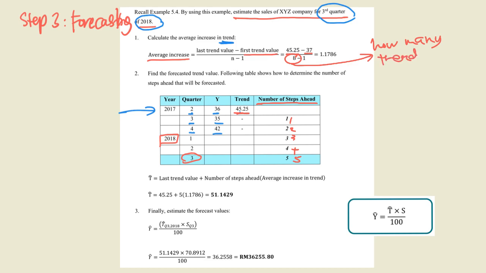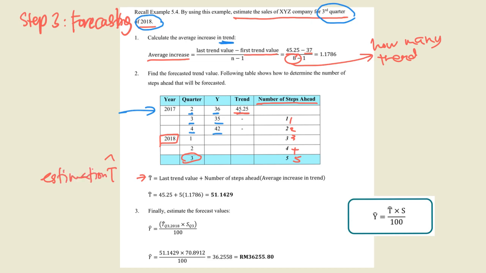In this question we have 8, so minus 1. So you're going to get the average increase equals to 1.1786. So this is t hat, or the estimation of t.